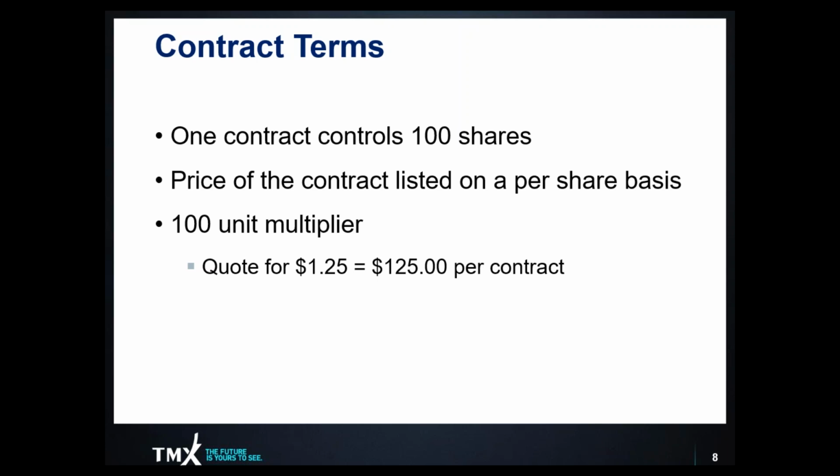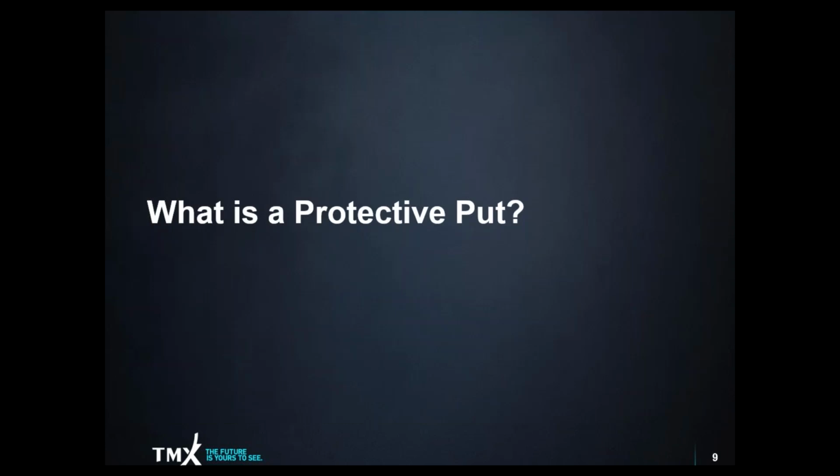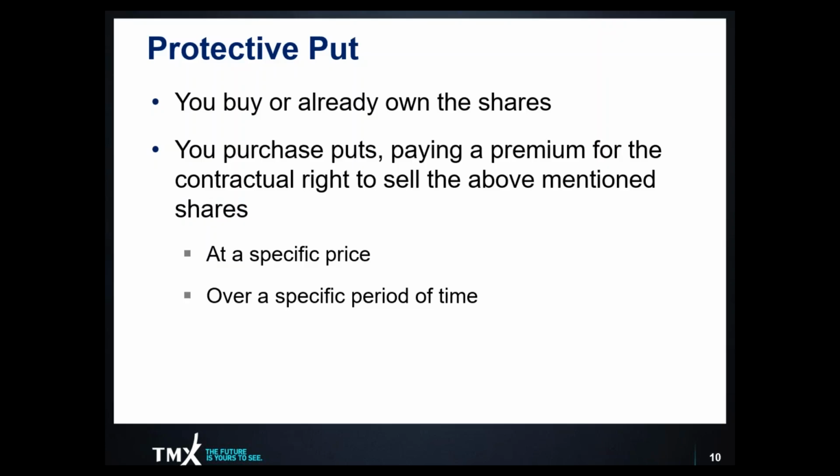One contract represents 100 shares of the underlying security. So if we are looking at a quote within our options chain for $1.25 per contract, we multiply that by 100, and the total cost for that contract is $125.